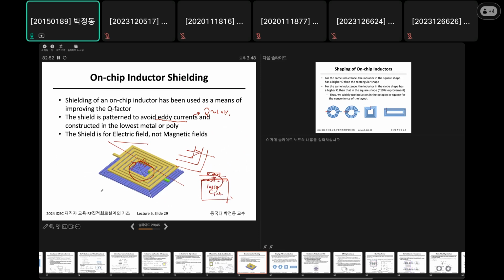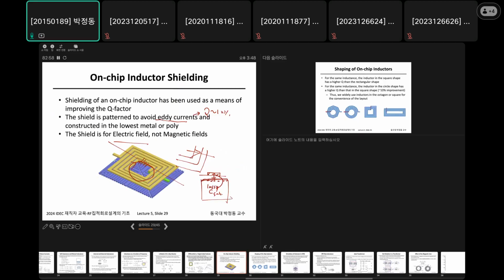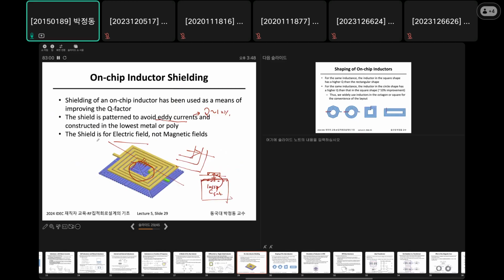Okay, but if you make it like this, then what is the problem? The problem is the self-resonance frequency is getting lower. Okay, this is not good for high frequency applications. Okay, so as a sub-terahertz or terahertz circuit designer or millimeter wave circuit designer, we don't use this. Okay.